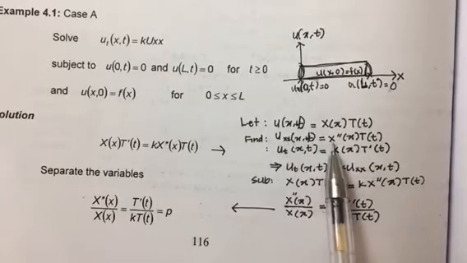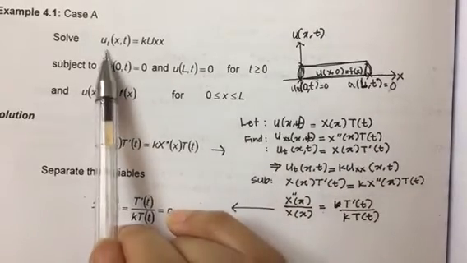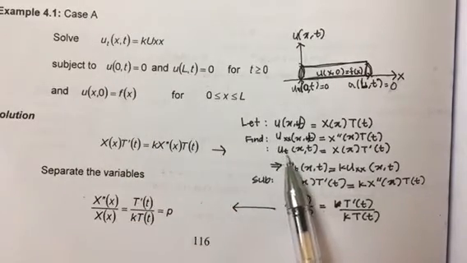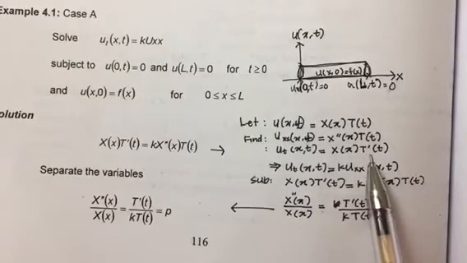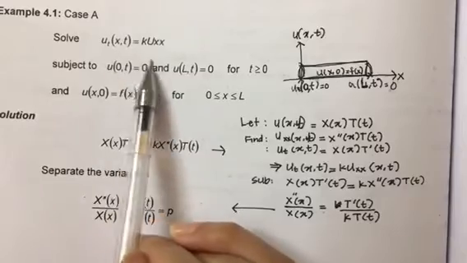So u_xx equal to X double prime T. Okay, and then in the heat equation we have u_t. So find u_t, X T prime, we get X T prime. Okay, and then replace these two into the heat equation.